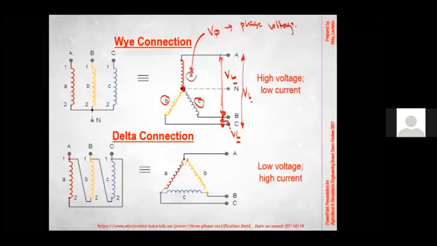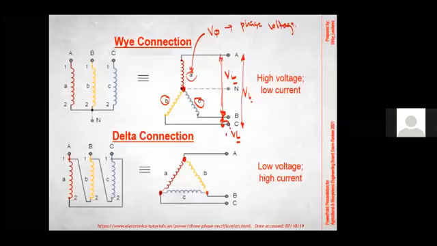For a delta connection, we have this typical shape, and again, in practice, it wouldn't be that geometry, but the practical connection is that phase A and phase C are connected together, and A and B are connected together, and B and C are connected together.